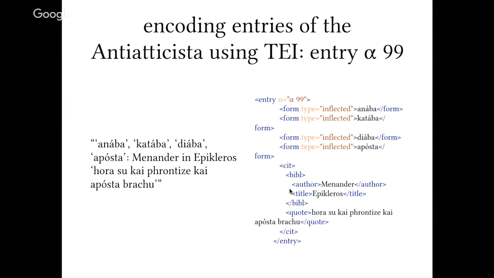In order to annotate these, I have intuitively used a strategy that defies the principle that we have only one headword that should be addressed, and I have put in the form element the Anaba, the Kataba, the Diaba, and the Aposta, and then simply the citation.